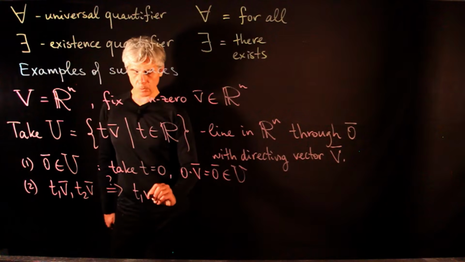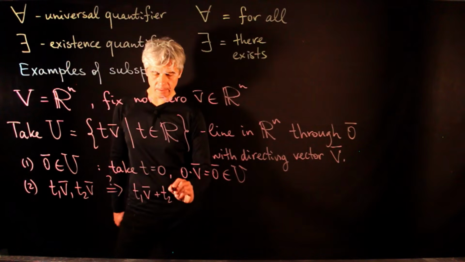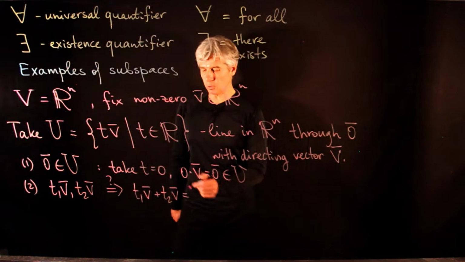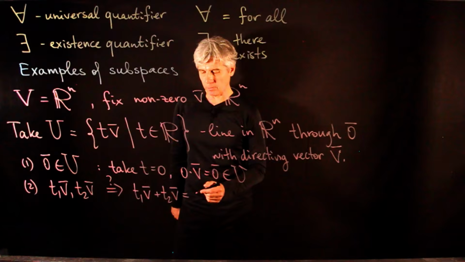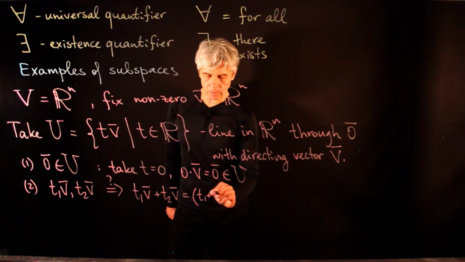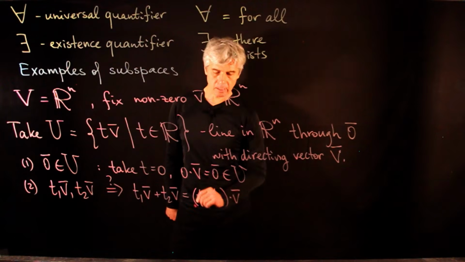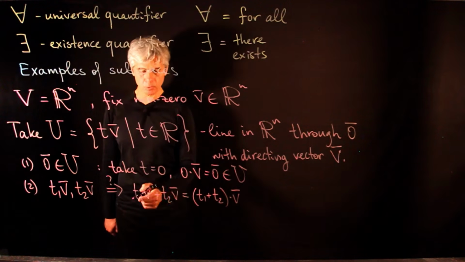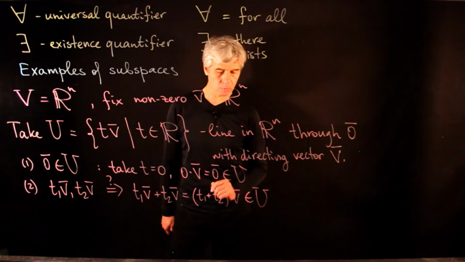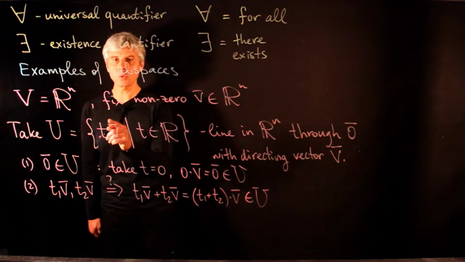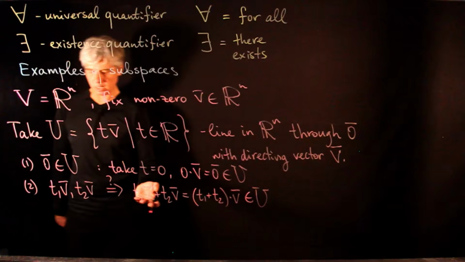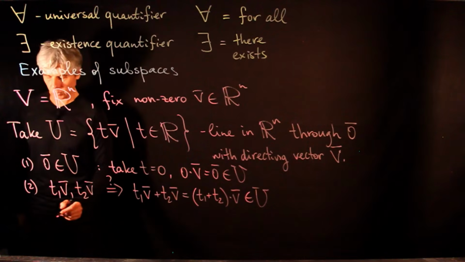What's their sum? t1 v plus t2 v. By the distributive law axiom of a vector space, this can be written as (t1 plus t2) times v. And what we see is that the sum of two multiples of v is again a multiple of v. And this belongs to our set U, because our set U consists of all multiples of v. So this vector is in U. So the sum of these two vectors is in U as well.